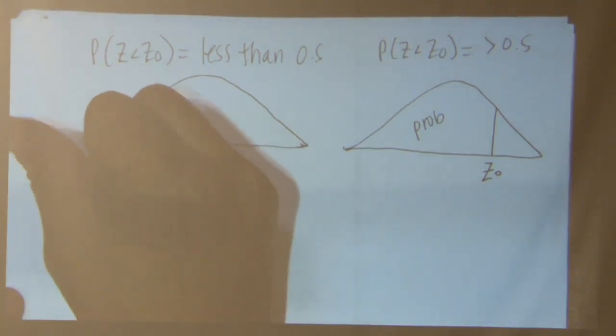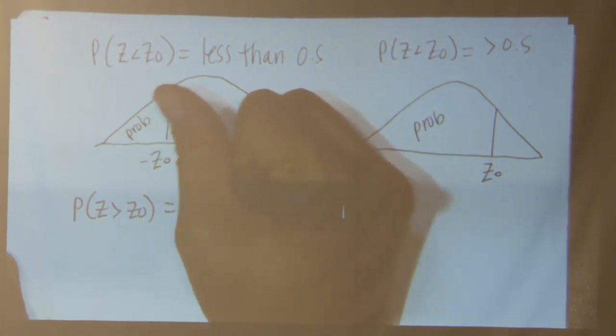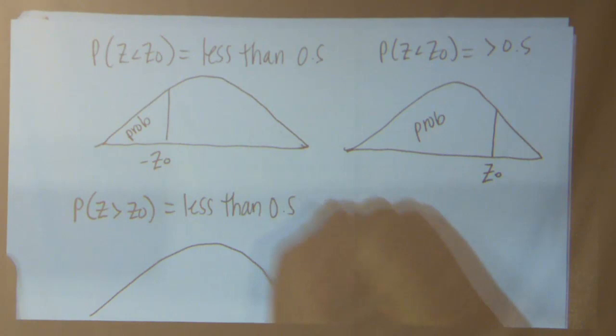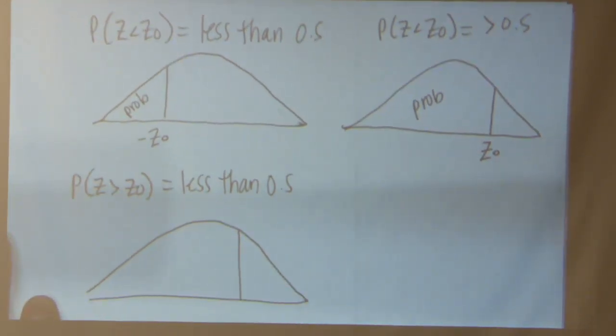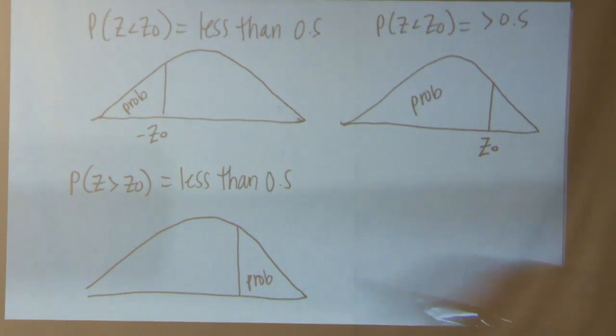If they were giving you the probability that z is greater than z0 and it's less than 0.5, we're going to be dealing with the right side now, and we're going to place our probability over here in the tail with our z0 right there.